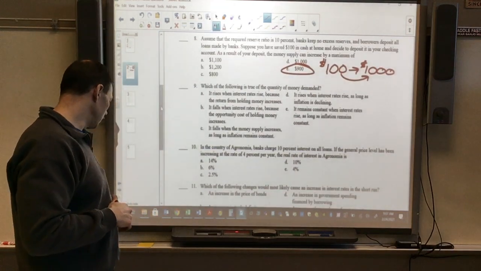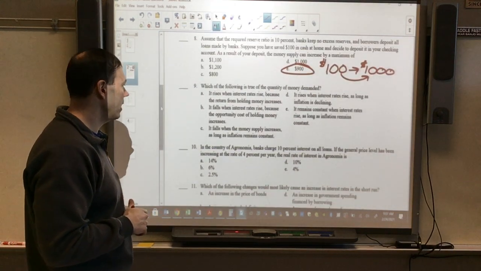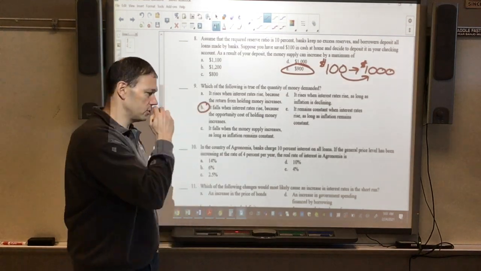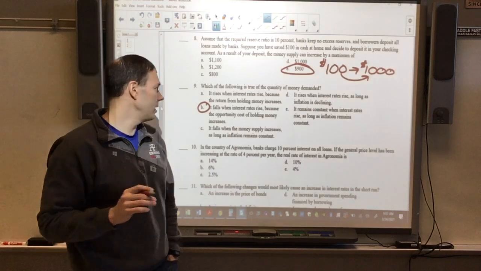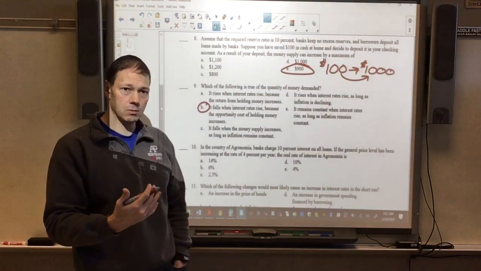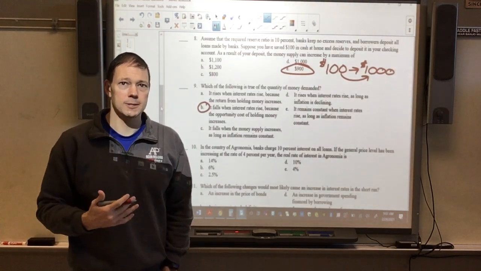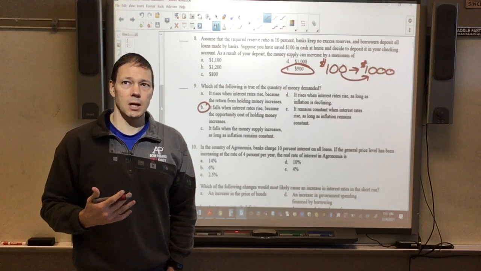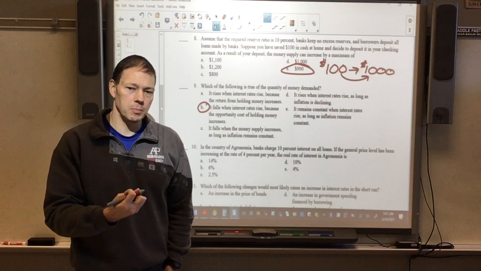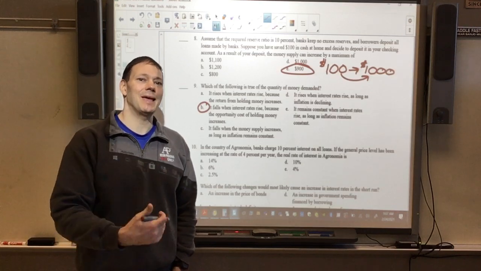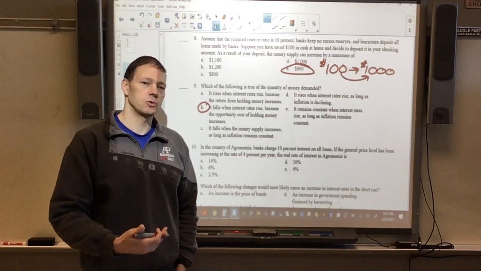Number 9, which of the following is true of quantity of money demanded? B is the best answer here, and again, it's kind of worded funny, but the idea here is when interest rates increase, when interest rates rise, it makes it such that if I hold on to my money, I'm giving up the opportunity to make a good return on it because interest rates are high, right?